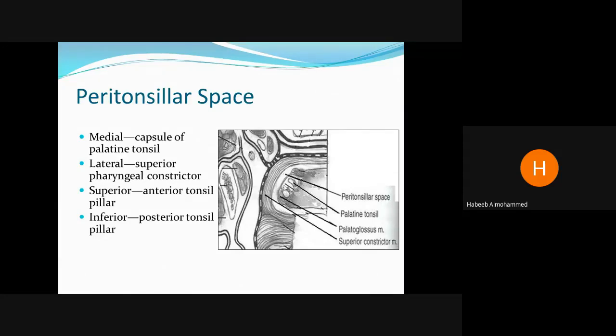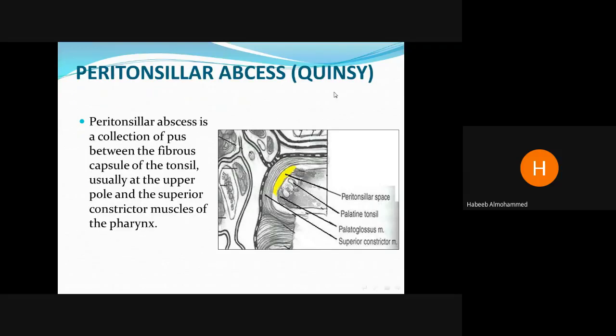Laterally, it is bounded by the superior pharyngeal constrictor. It is limited superiorly and inferiorly by the anterior and posterior tonsillar pillars. So this is the peritonsillar space, the yellow color.